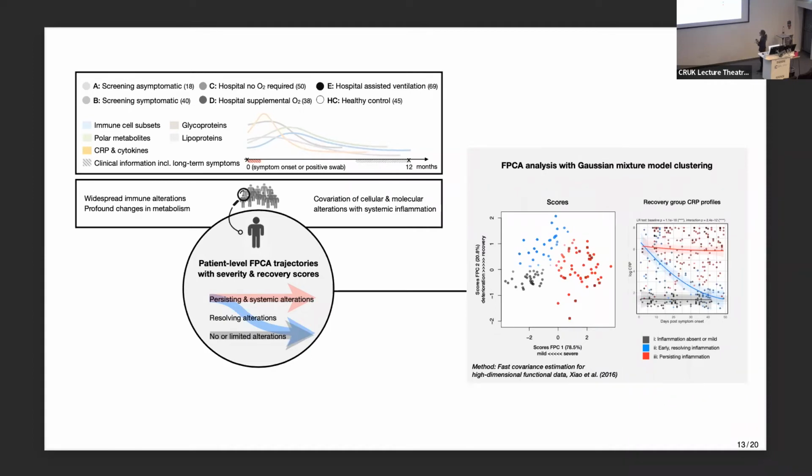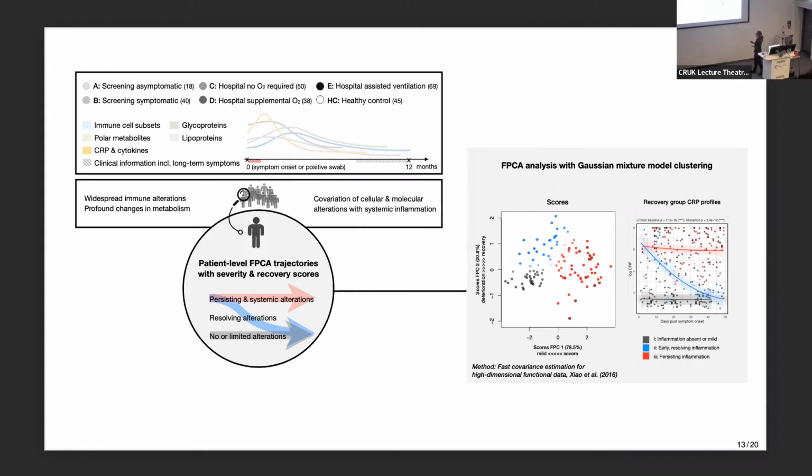But a very appealing feature of FPCA, which we must keep in mind, is that it also provides patient-level estimates, so patient-specific scores and patient trajectory estimates. This would allow us to avoid such cluster-based considerations, at least in some cases.